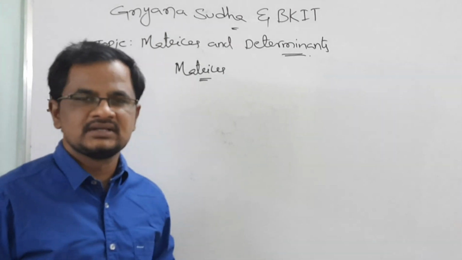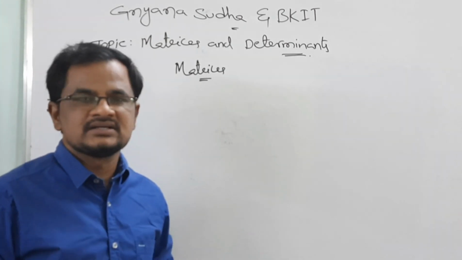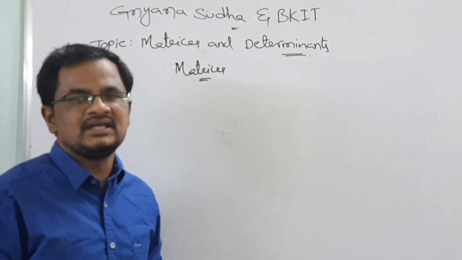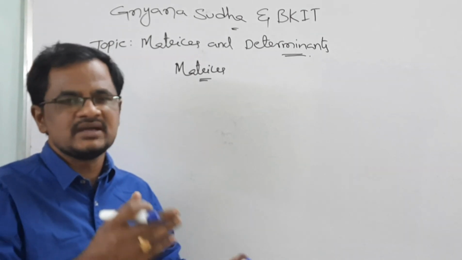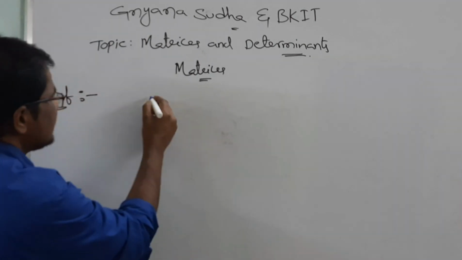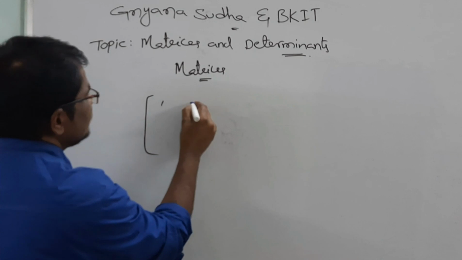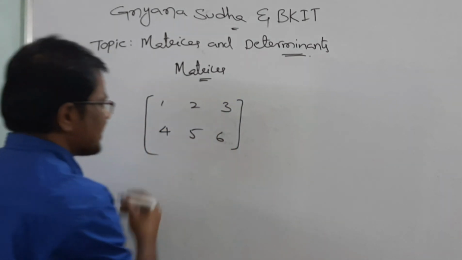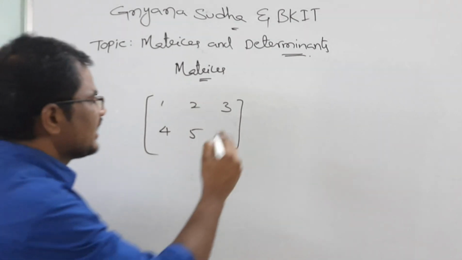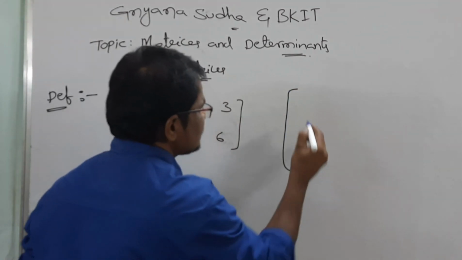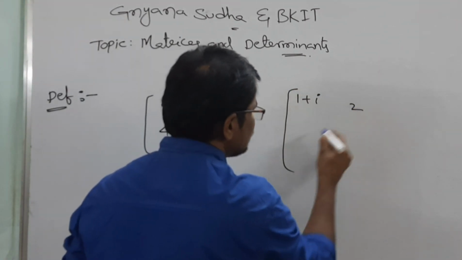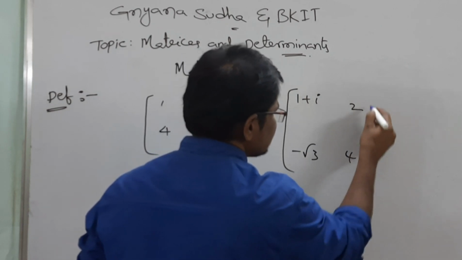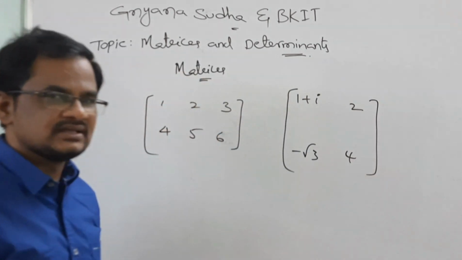Means nothing but if you write elements horizontally and vertically, then that is a matrix. If you write like this, 1 2 3 4 5 6, this is a matrix, right? And one more matrix, suppose 1 plus i, 2, minus root 3, 4, this is also a matrix, right?